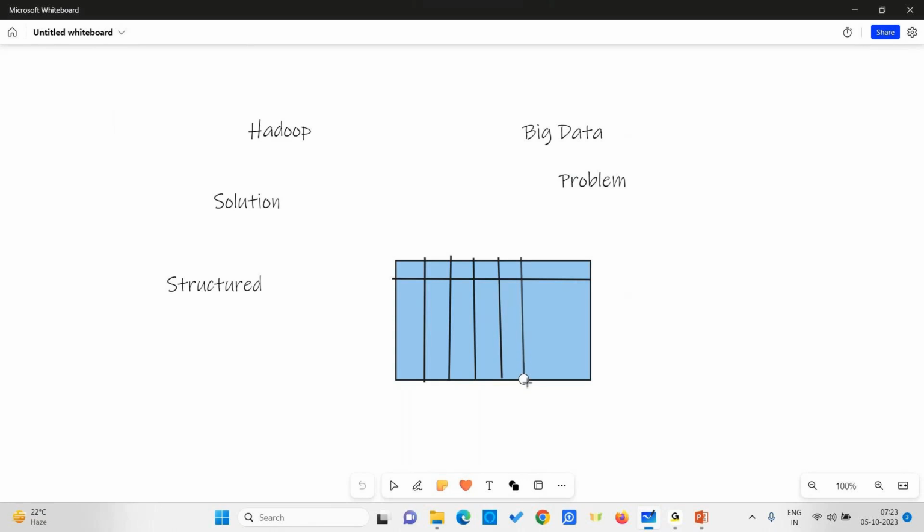So the top header is called the columns, and these are the different rows. Okay, so this is called structured data.